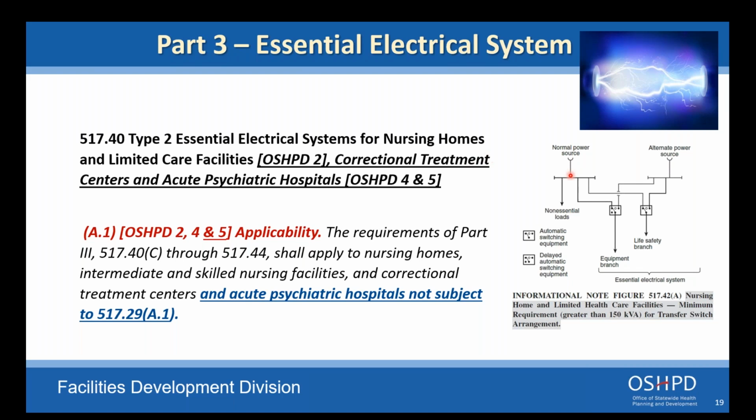The type 2 electrical system has 2 branches instead of 3. The first branch is life safety. The other branch is now the equipment branch. In previous codes, this was actually called the critical branch. There is no difference between the critical branch and the equipment branch for these type 2 essential electrical systems.